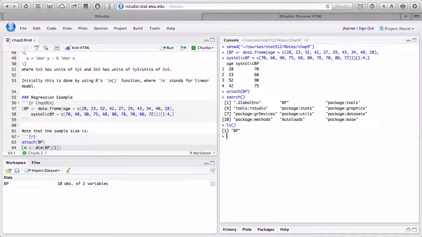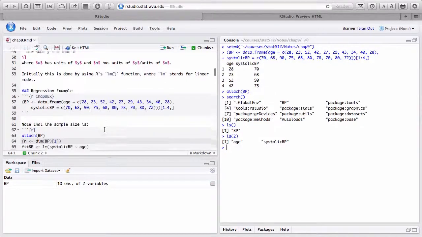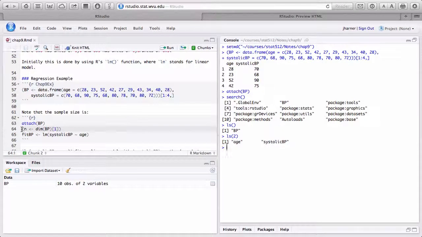So now if I use age in an expression, although it doesn't find it here, it finds it here. So that's a key thing to remember. It can get you in trouble if you don't realize it.